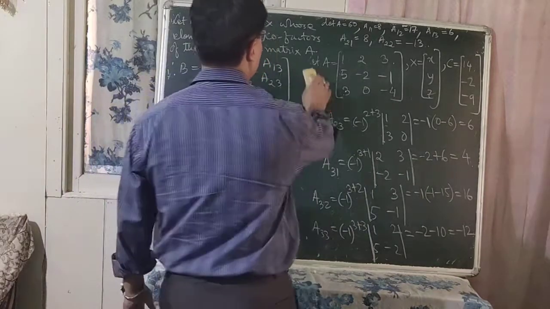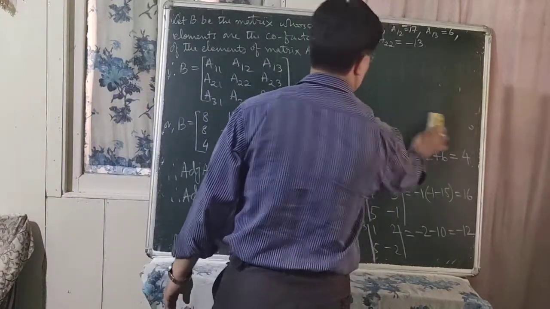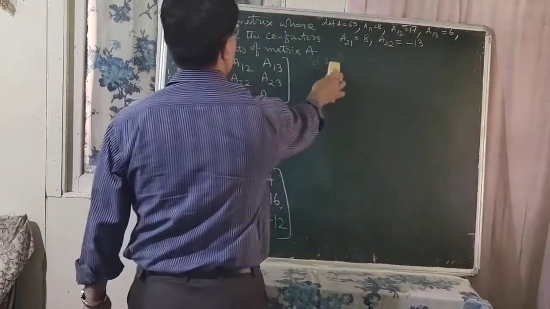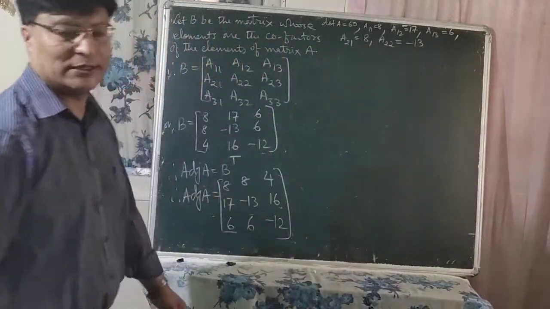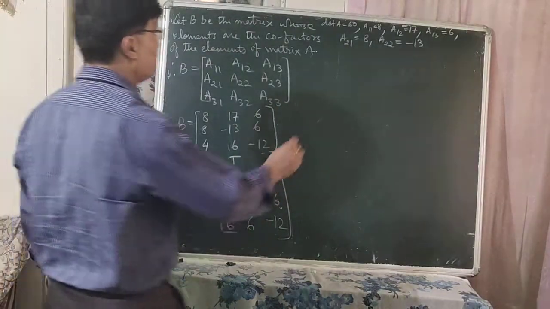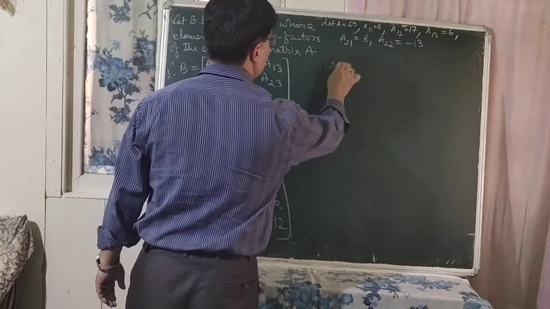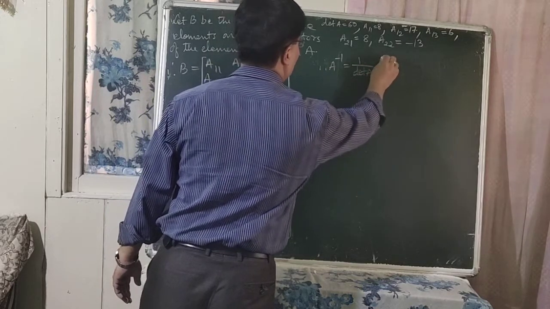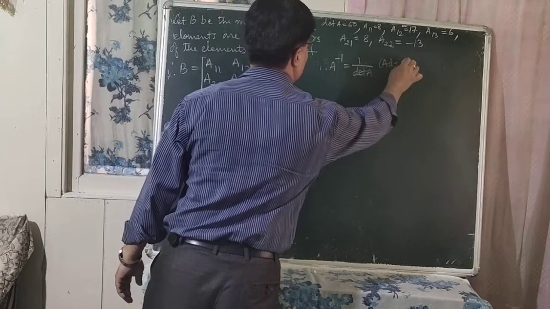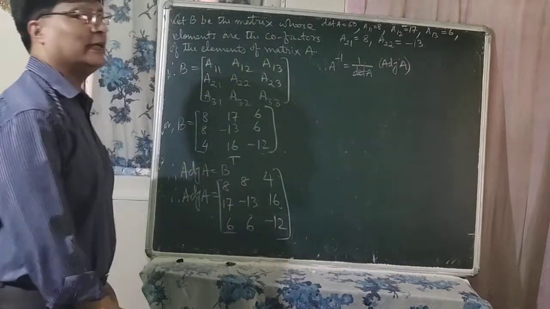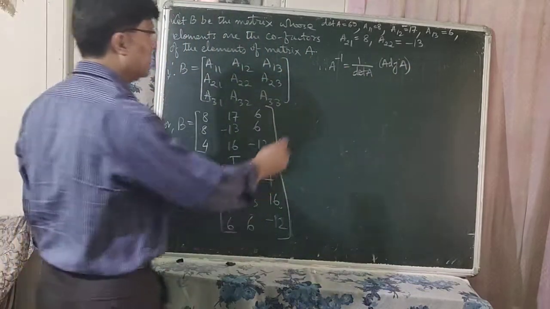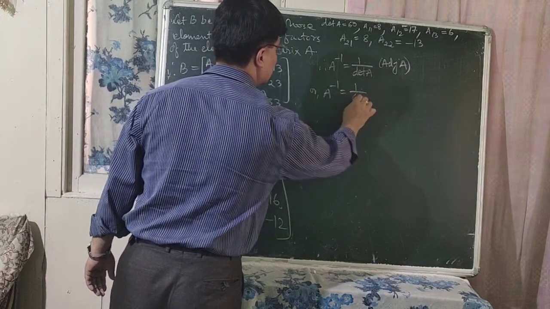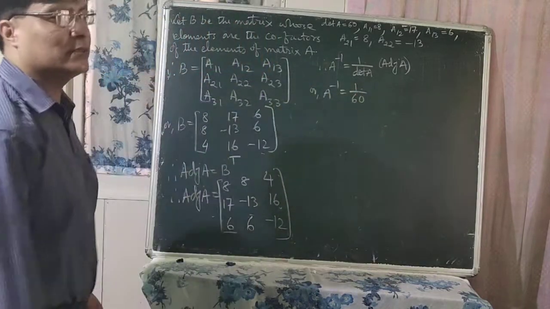Now we have to find out A inverse. What is the formula for A inverse? A inverse is equal to 1 upon determinant A into adjoint A. So here A inverse is equal to 1 upon 60, as determinant A is 60.